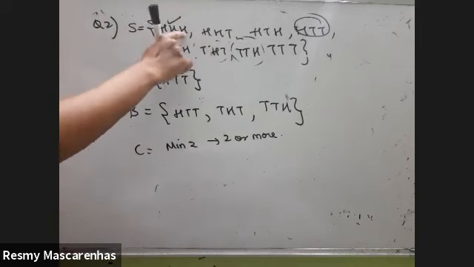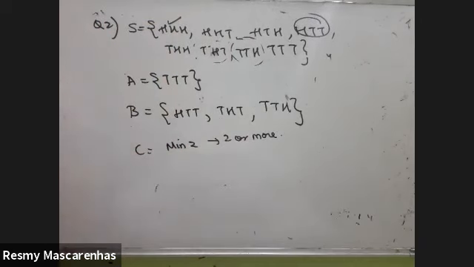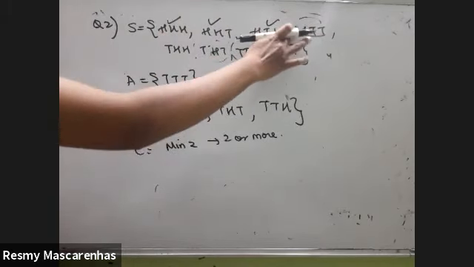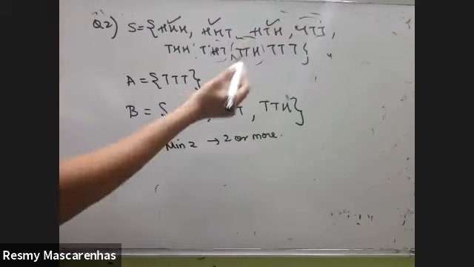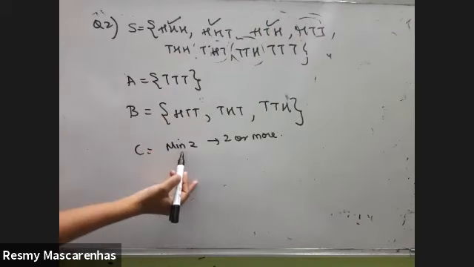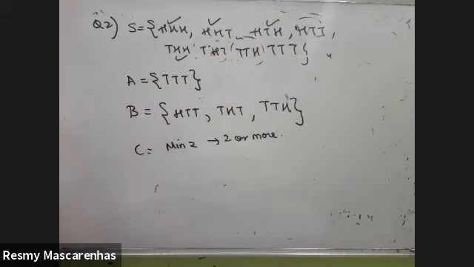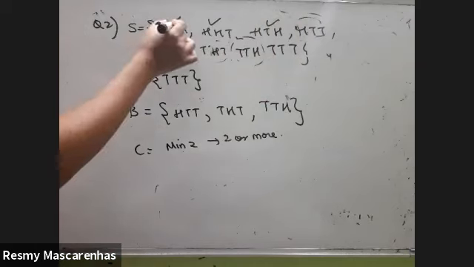Meaning there are 3. So of course it is satisfying the condition. This also. This is not valid because it has only 1. Criteria is minimum 2. This 1. No. This also you cannot write. So this 4.